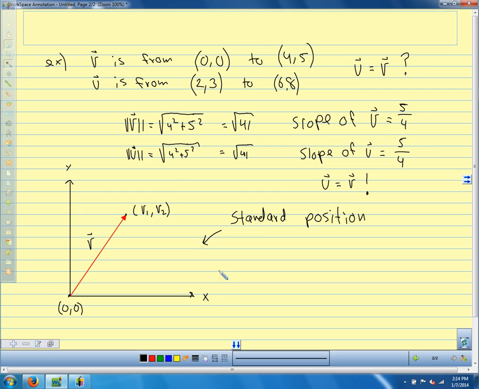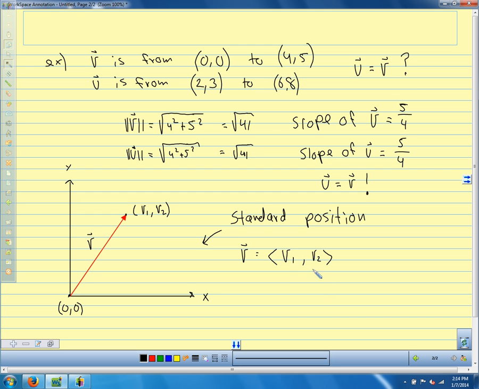And when we're in standard position, we can write v, and we use these angle brackets, v1, v2. v1 tells us how far we go in the x direction, v2 tells us how far we go in the y direction.